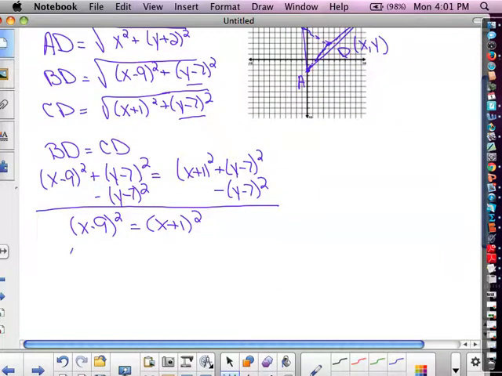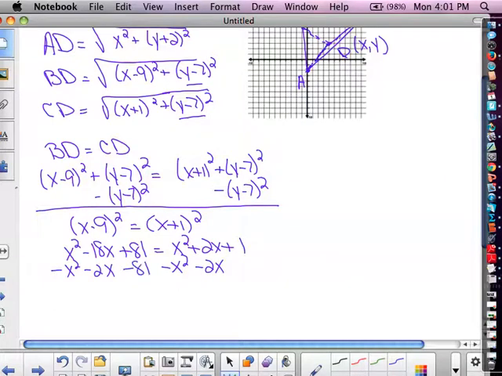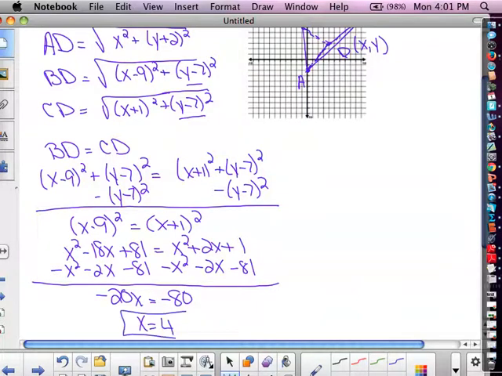FOIL both of those, so x squared minus 18x plus 81 is equal to x squared plus 2x plus 1. Subtract the x squareds from both sides. Subtract the 2x from both sides. Subtract the 81 from both sides. So you're going to have negative 20x is equal to negative 80. So x is equal to 4.